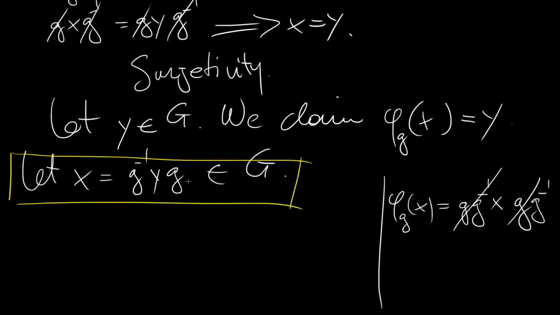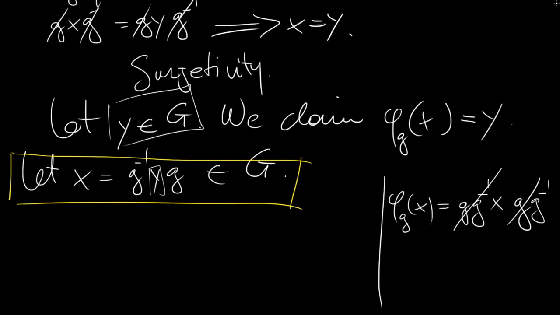We stated that this element here, the x, is in the domain, so x is in G. Let's reason a second. Is this really in G? We know that y is in G, we put it.